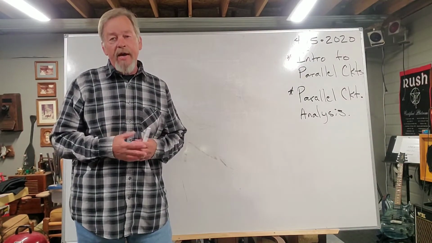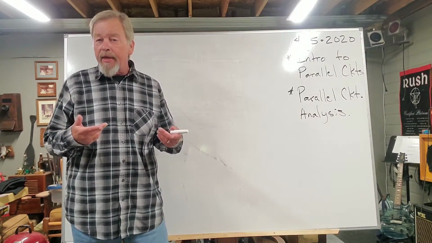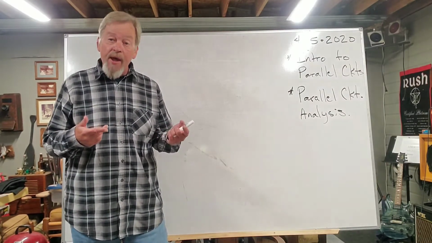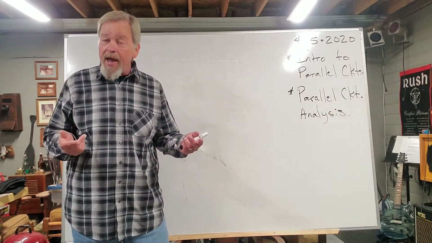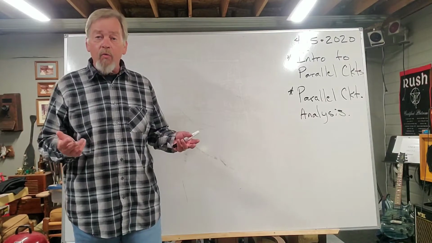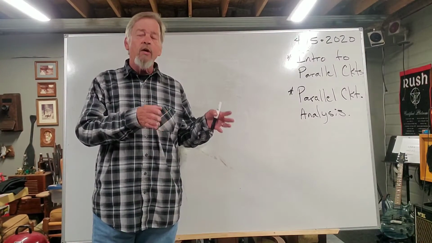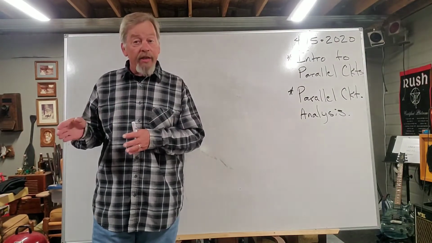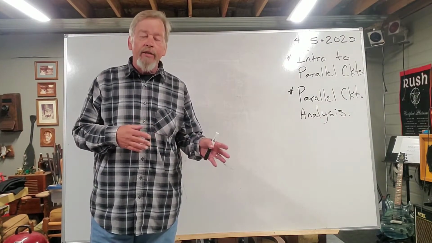And what we found out about series circuits is because we hooked them up end to end, it only created one path for current flow. And because there was only one path, the current everywhere was the same. And then the applied voltage was divided up amongst the individual components that are connected in series.